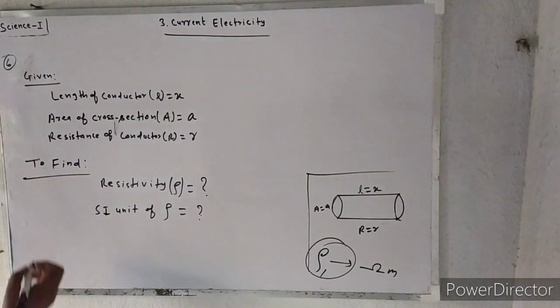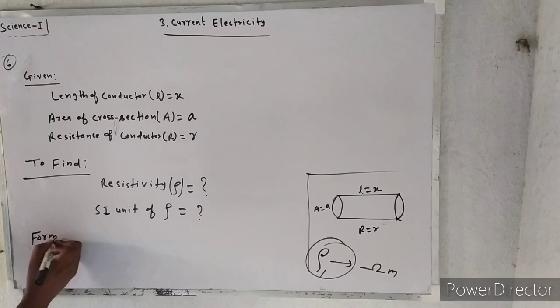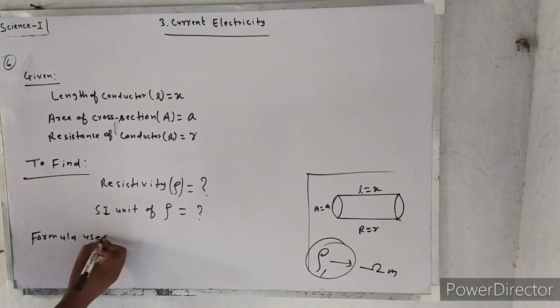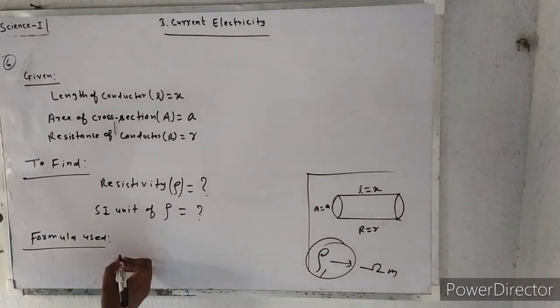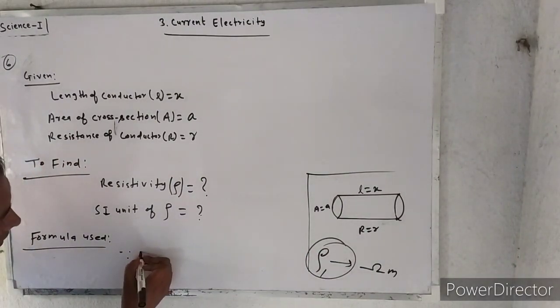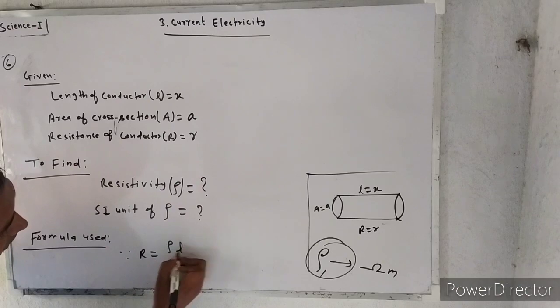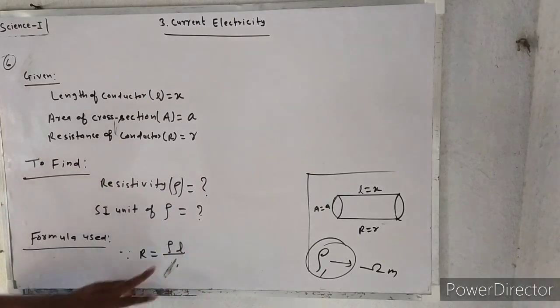Then the formula used: we know that R is equal to rho L upon A. This is the main formula.